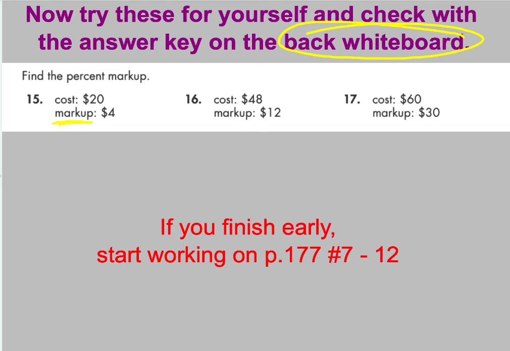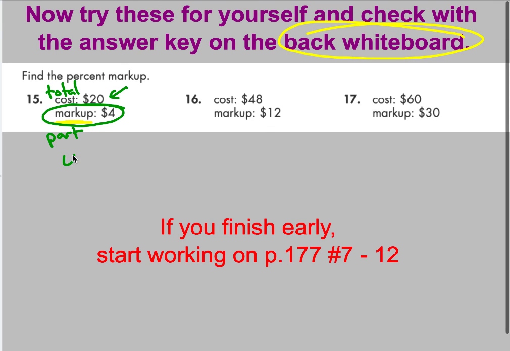So in this case, the problem comes right out and tells you the markup. We didn't have to figure it out. And they tell me my original price. So the cost is my total. The markup is my part. They kind of did that subtraction step for us already to figure out the amount of the markup. So my part is 4. My whole is 20.